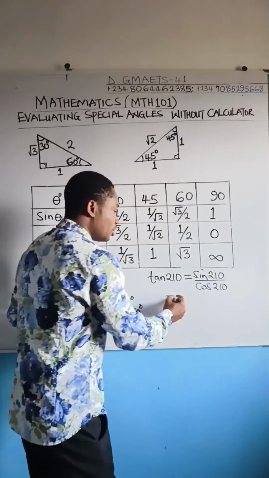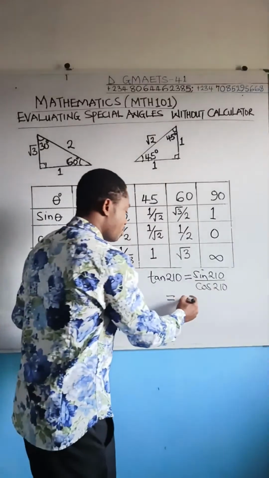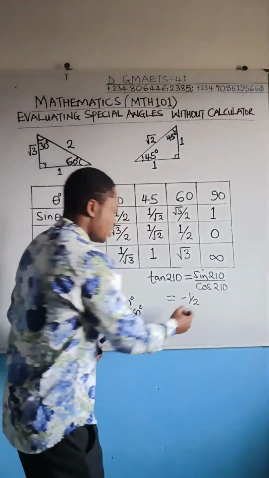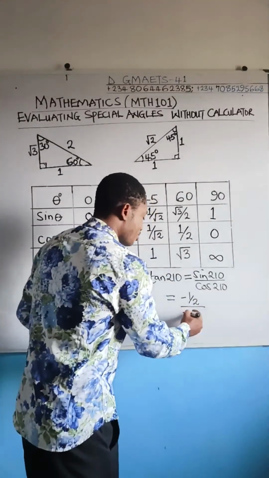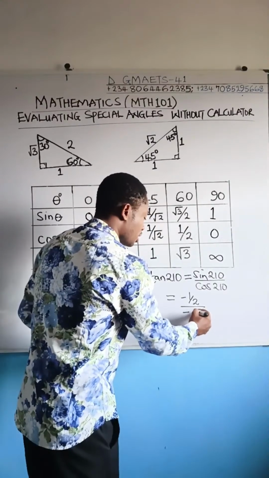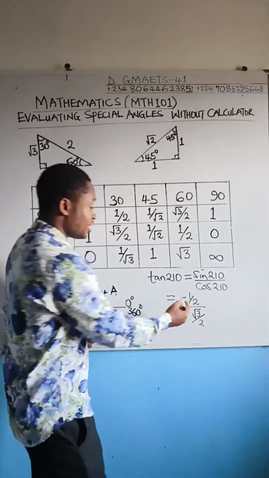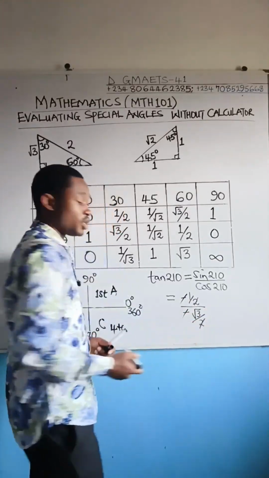Now we know the value of sine 210. Sine 210 is minus 1 over 2. So I'm going to divide it by cos 210, and cos 210 is minus root 3 divided by 2. You see mathematically that these negatives will cancel. This denominator 2 here will divide this denominator 2.